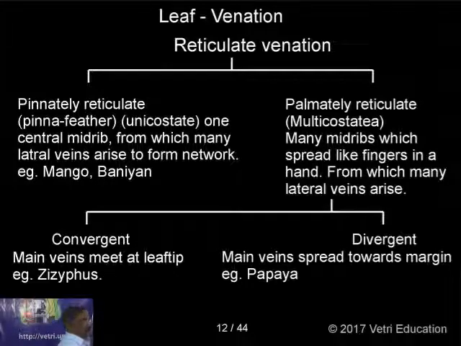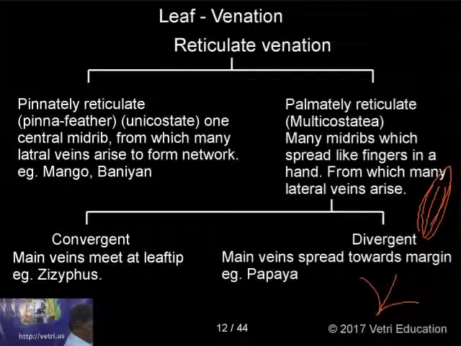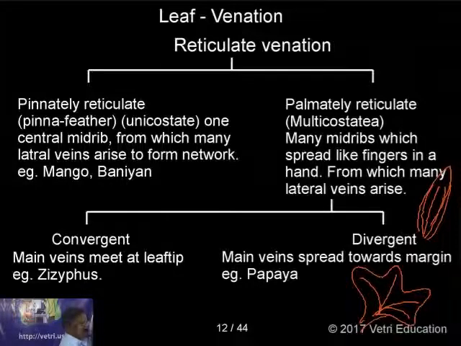All these midribs go together and meet at the tip. Or if they go in different directions in the leaf, this is called divergent. Example, papaya, and here you can find Ziziphus.